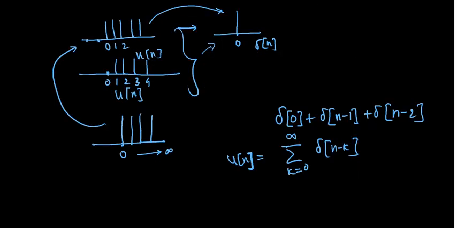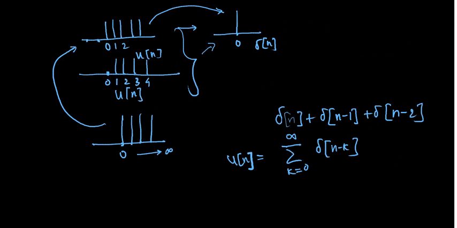What? This one? Yes, this should be del of n, because otherwise that will be a scalar. Why not del of 0? That will be a scalar, right? We are actually defining signals and adding them up.